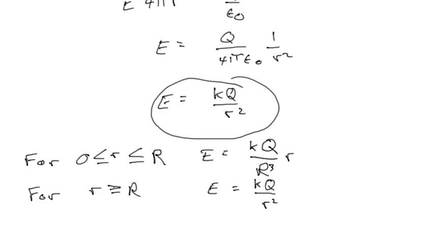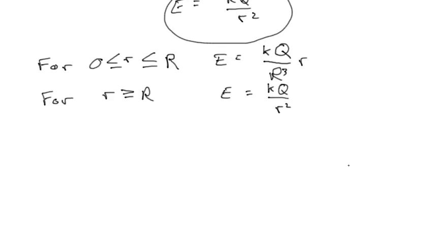At capital R, it's like I can't make up my mind. I'm saying both of these are good, but if you check it out, when little r is equal to capital R, if I plug it into this one, I get KQ over big R squared. If I plug the capital R into this one, I get KQ over big R squared. So either one of them is good there.